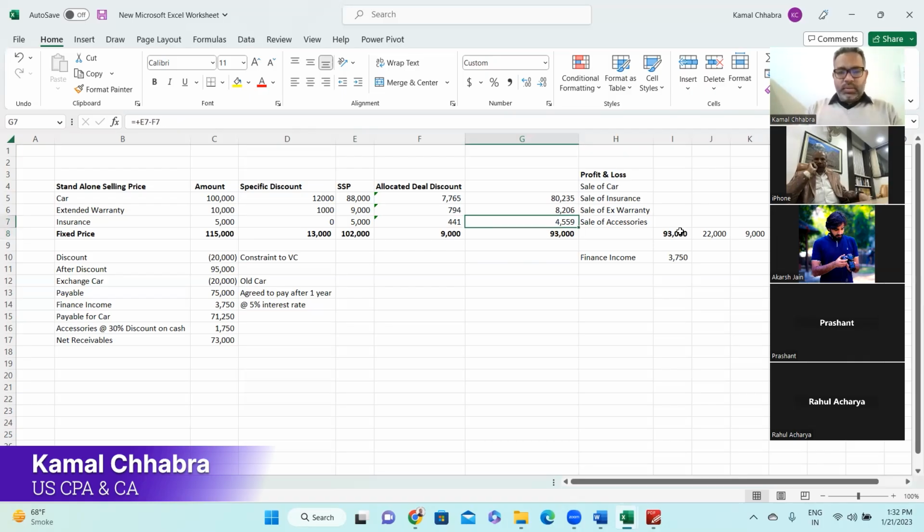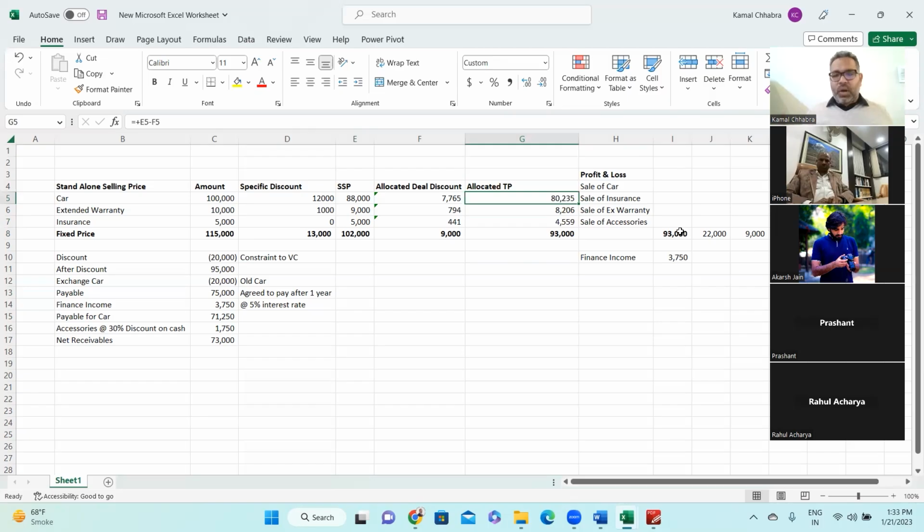So this is the allocated transaction price for the individual item. That's how you'll be calculating. That's what step 4 is all about: allocation of transaction price to the respective performance obligation. First, identification of standalone selling price.